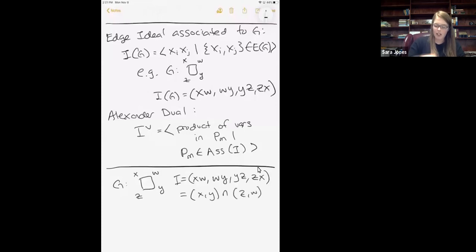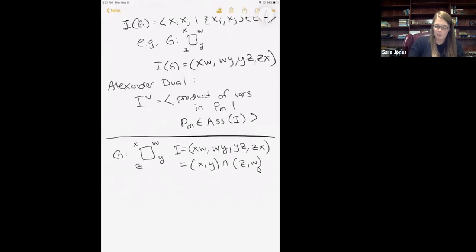Okay, so we can break it up as seeing our associated primes are XY and ZW by the definition that we're using of Alexander dual. Notice that tells us if you look at the product of each of those associated primes, your dual is going to be generated by XY and ZW. So now we have what I dual is in this case.